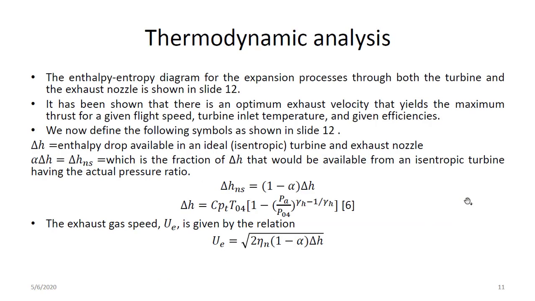Okay, so from here we can now proceed. In the next slide, there is an enthalpy-entropy diagram for the expansion process through both the turbine and the exhaust nozzle as shown.